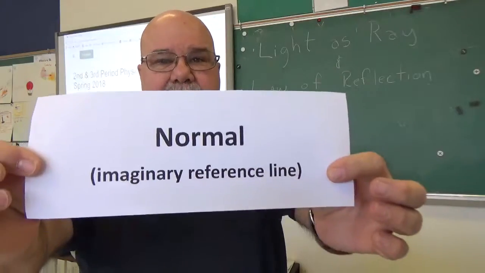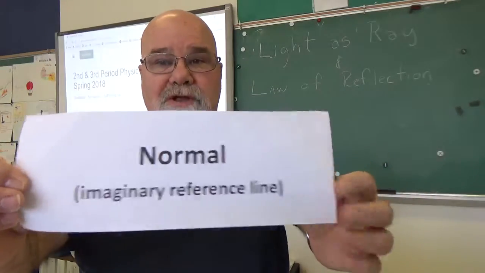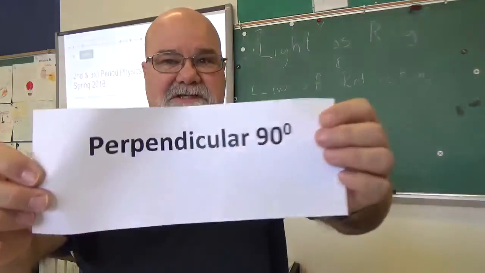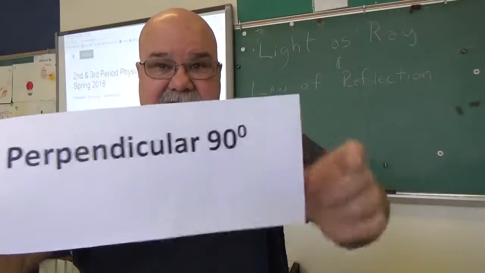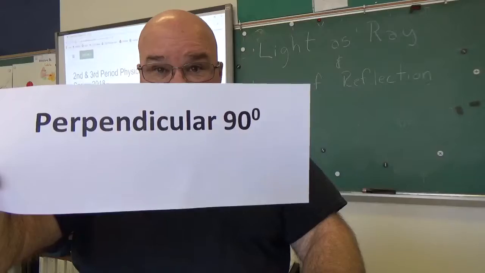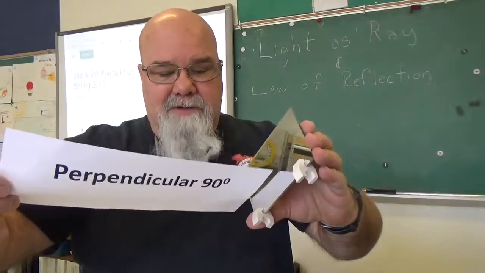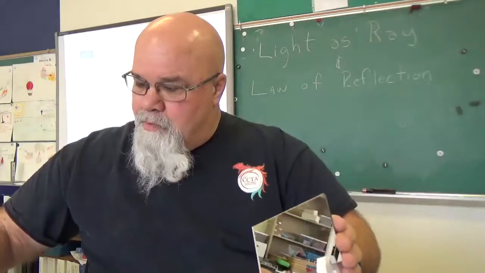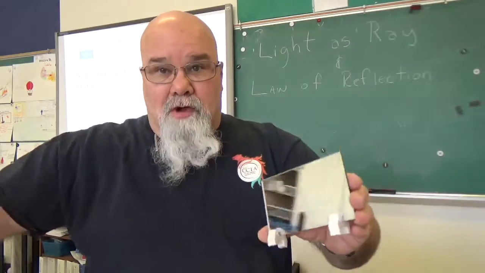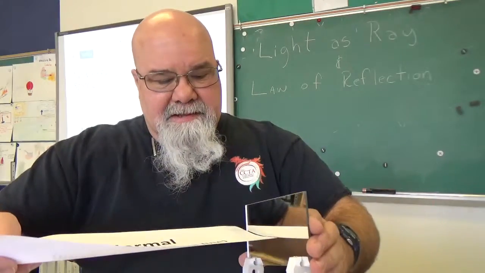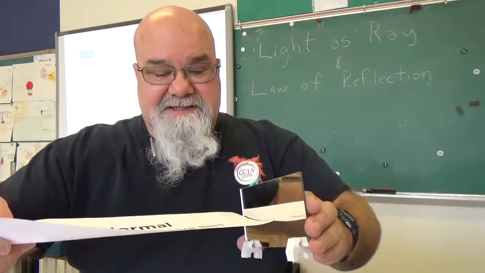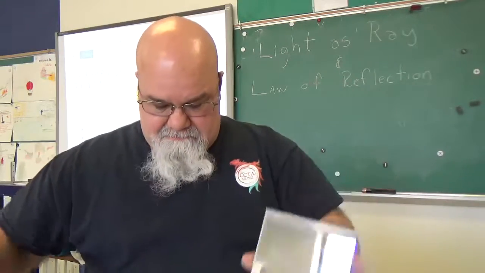A normal is an imaginary line we draw that is perpendicular to the surface, meaning it's 90 degrees, like the corner of this page. So if I have a mirror, I would create a normal line that is perpendicular to the surface, exactly 90 degrees.